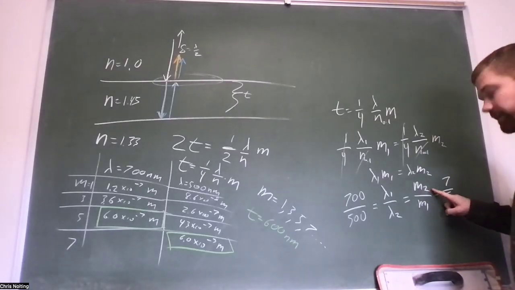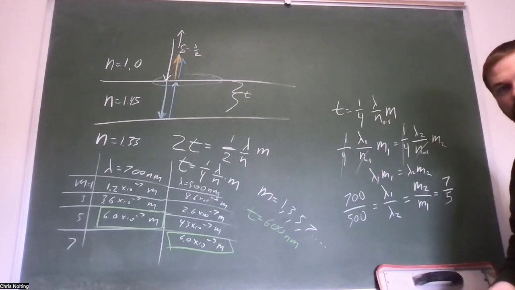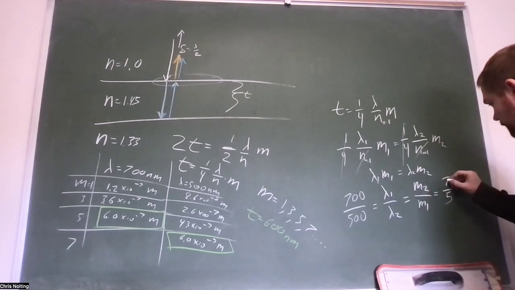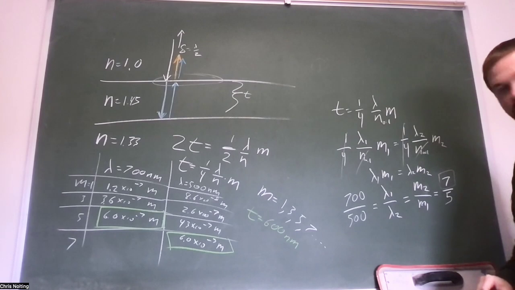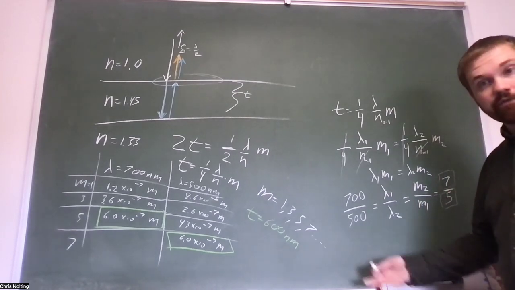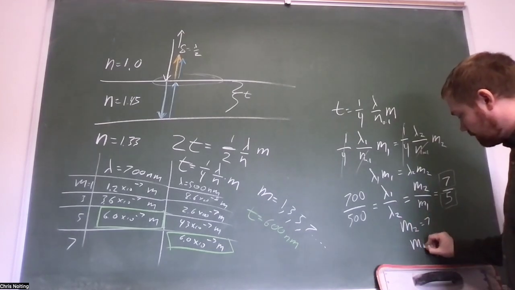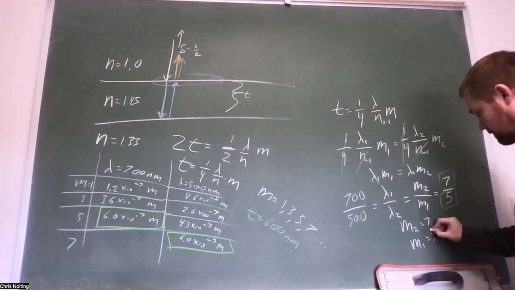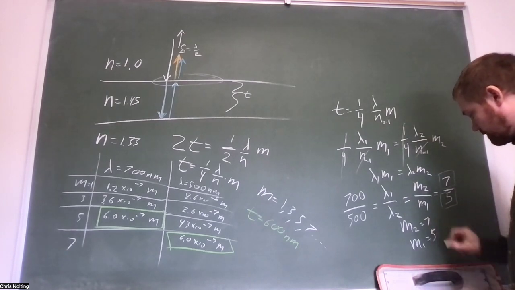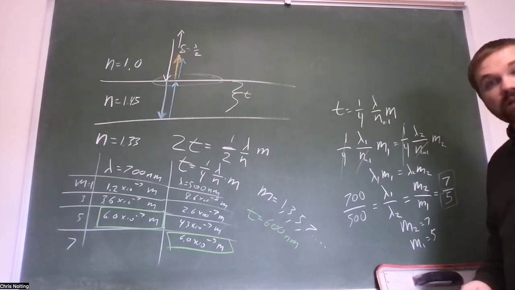Now we know these m's have to be odd integers. Well, look at this ratio. This on top is an odd integer, and on bottom is an odd integer. So one possible solution to this is m2 equals 7, m1 equals 5. Well, that's a possible solution.